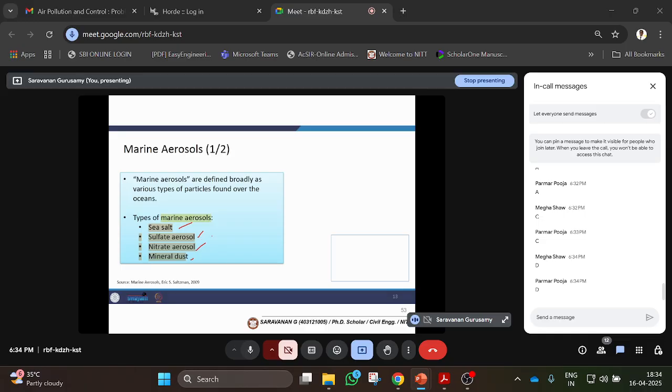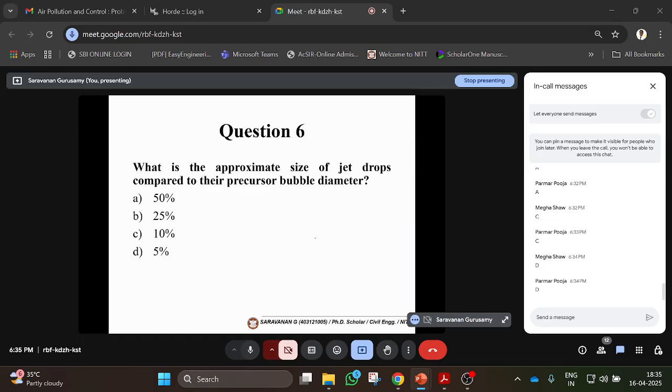Aerosols are small particles emitted from indoor or outdoor air pollution. From the marine surface, particles like sea salt may burst due to temperature rise, forming aerosol and emitting into the atmosphere. That burst may emit sea salt, sulfate aerosol, nitrate aerosol and mineral dust, because marine water is salty water, right? So that contributes lots of minerals.